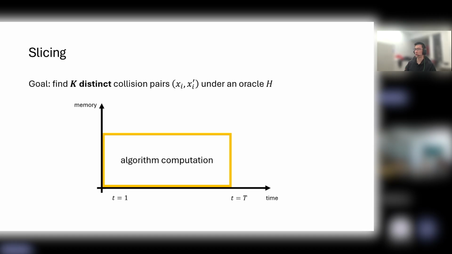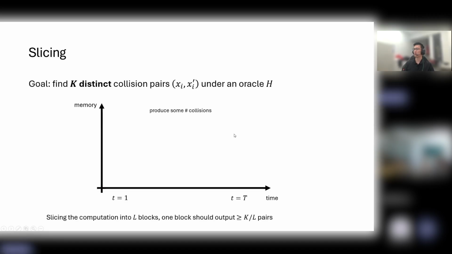So to do progress measure, we have to first divide the algorithm into several parts. This is what we call slicing technique. So let's view the algorithm as this rectangle in time and memory diagram, and we want to slice this algorithm into different parts.